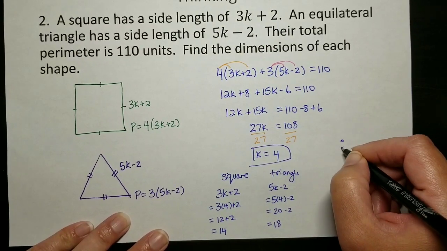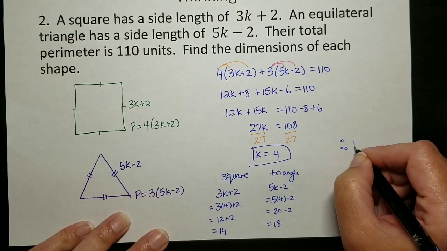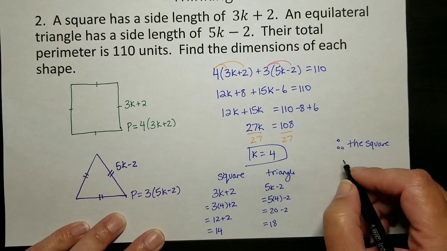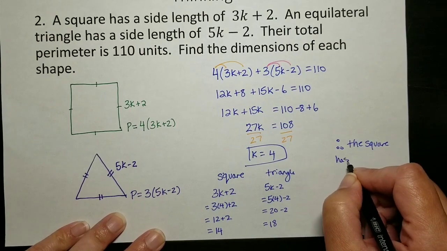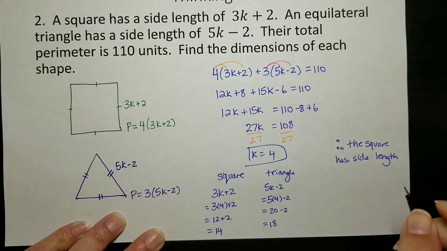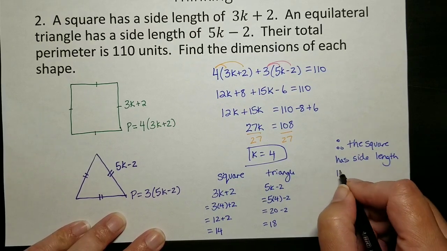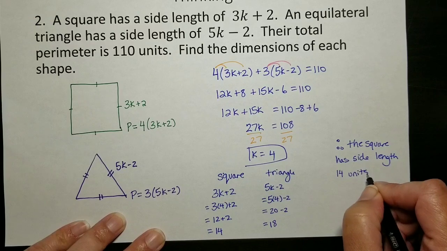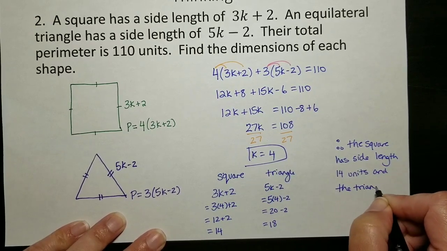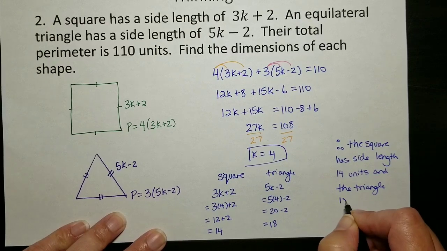So that's going to be your answer. So therefore, the square has side length 14 units, and the triangle 18 units.